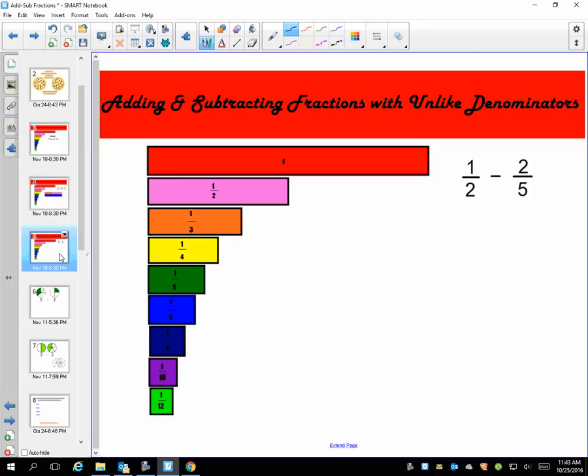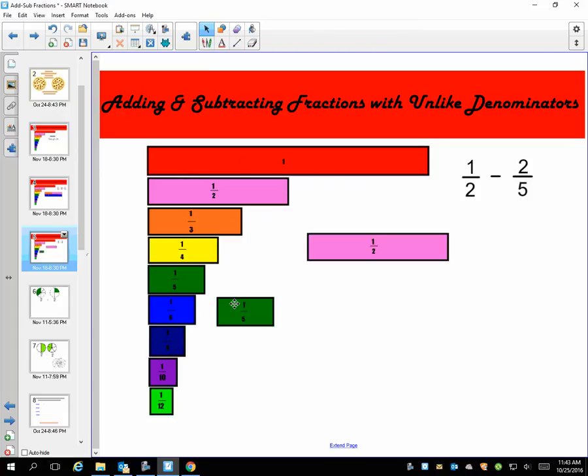Let's do another. 1/2 minus 2/5. So this time we're subtracting. So I'm going to take 1/2 and I'm going to get my 2/5 out here. Now I'm not adding, so I don't want to find out how much this is all together. I want to take my half, which here's my half, and I want to take away 2/5. So I'm going to put 2/5 underneath it.